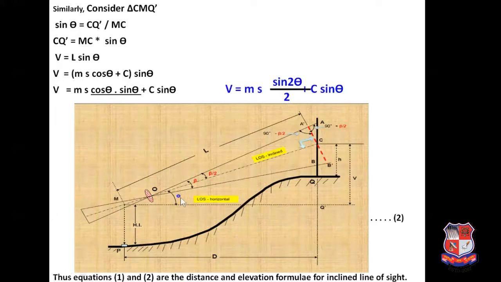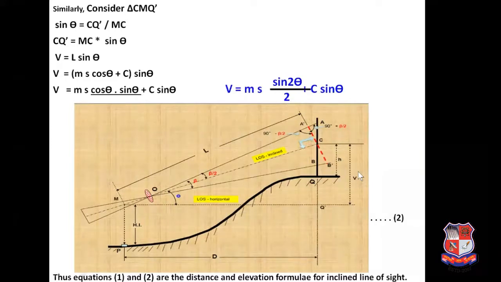So sine theta is equal to CQ' upon MC. CQ' is equal to V. So CQ' is equal to MC into sine theta, but CQ' is equal to V and MC is equal to L.